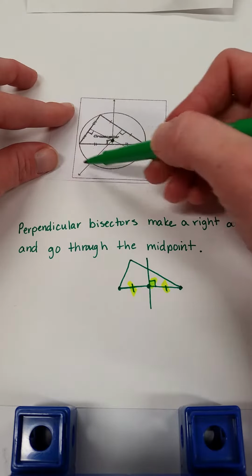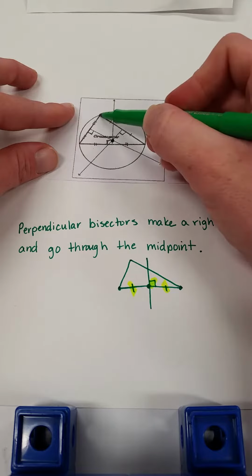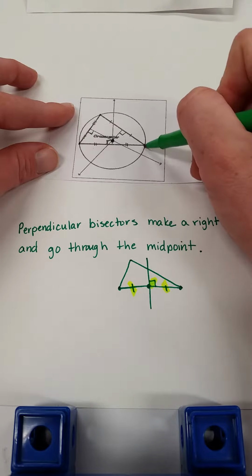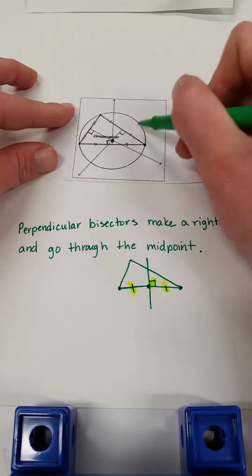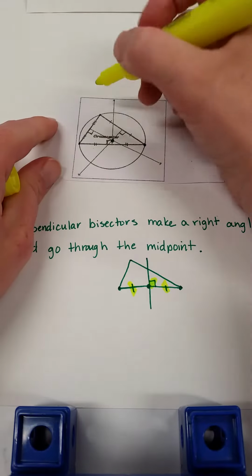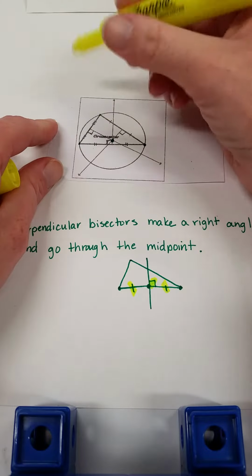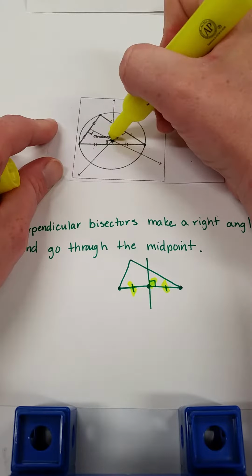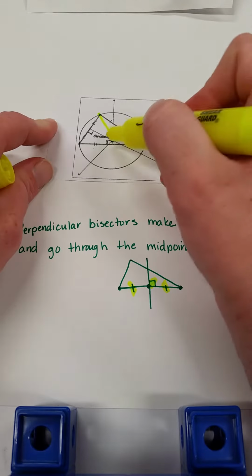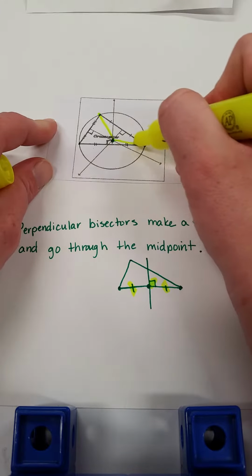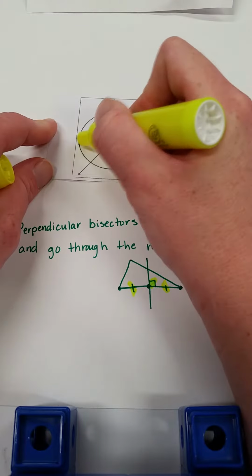And do you see this circle that is going through each vertex of this triangle? That circumcenter is the center of this circle. And when I draw this segment from the circumcenter to here, that's a radius. And so is this, and so is this.